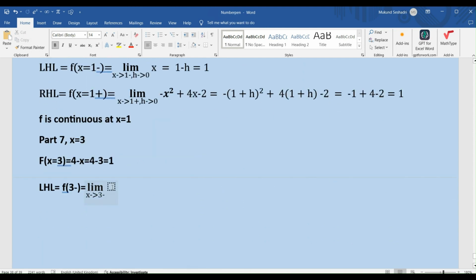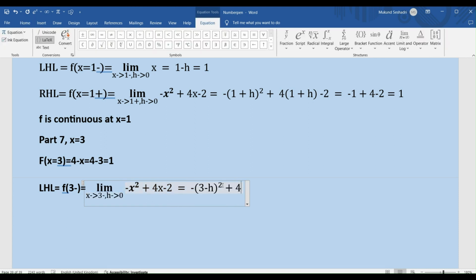When x is tending to 3 from the left, I'm going to substitute my x by 3 minus h, and 4 times (3 minus h) minus 2, right? And what is that? Minus 9 plus 12 minus 2, which is 3 minus 2, equals 1. So that is my f of 3 minus.